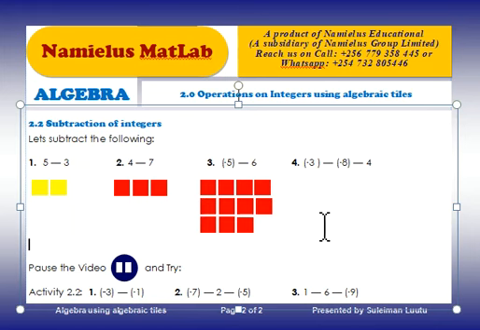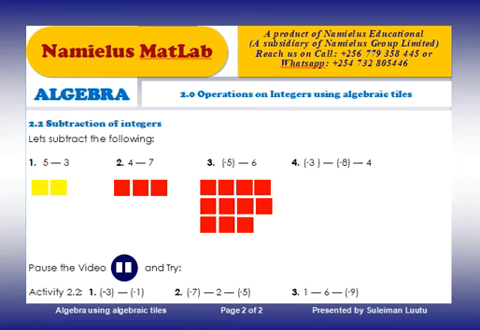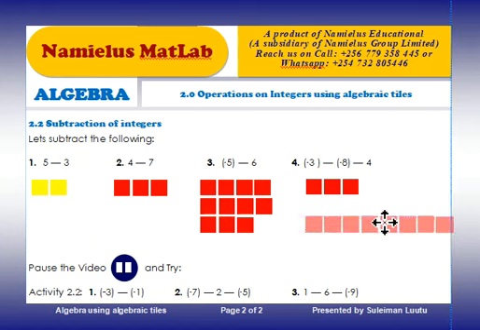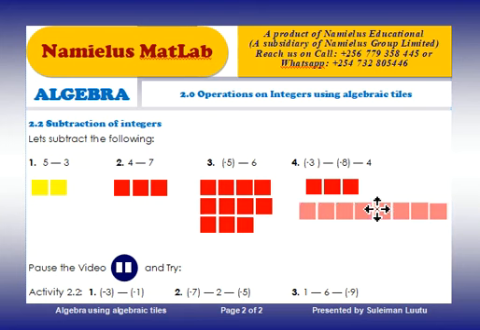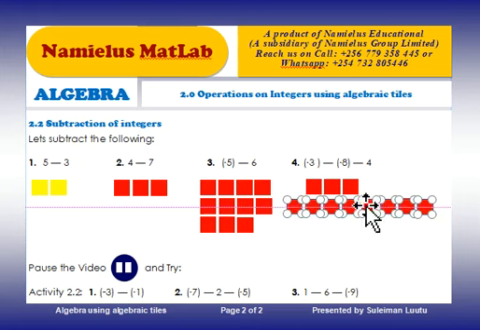Now let's move on to the final question, number 4. We have -3, which is this, minus a -8, minus negative 8. But since we are subtracting this 8, we are subtracting a negative.